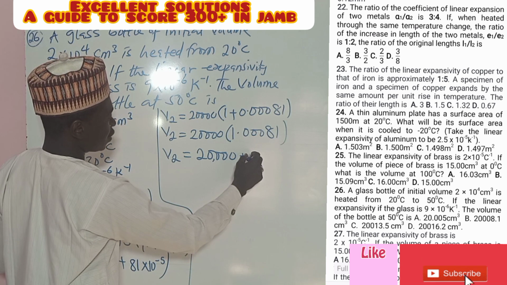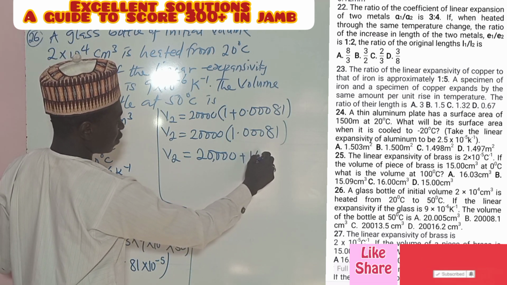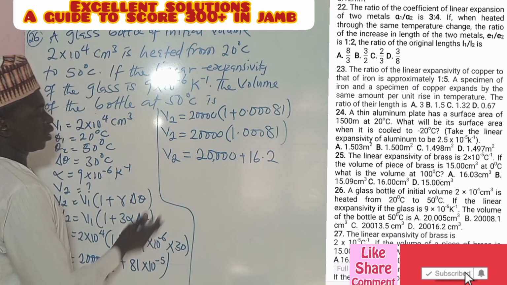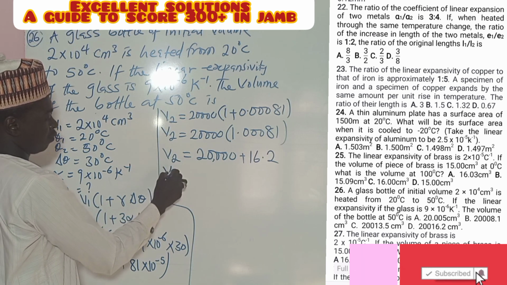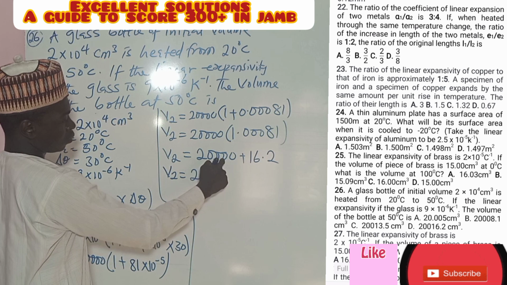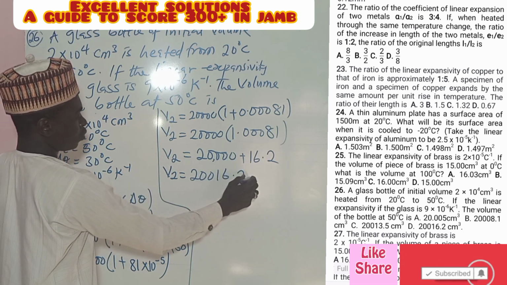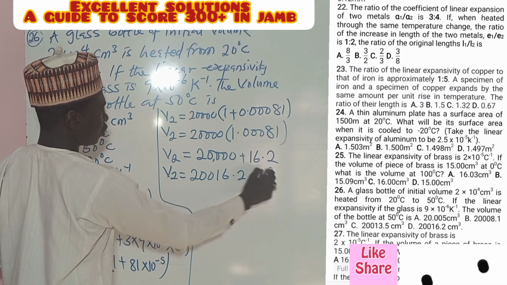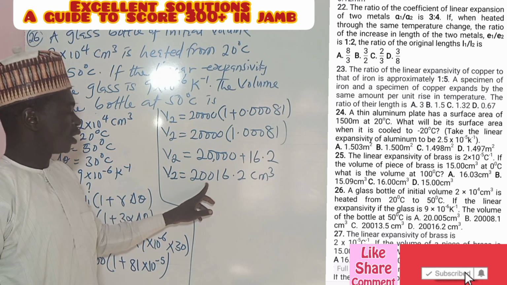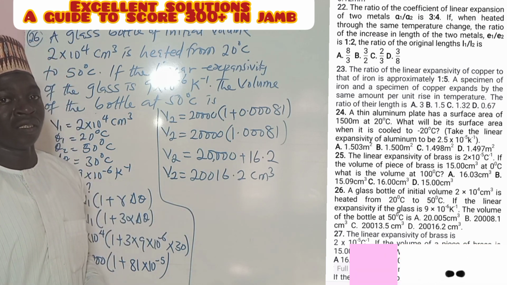So this is the same as 16.2. This is what we are going to have. When we add this, we have V2 equals 20,000 plus 16.2 centimeter cube. If we look at our options, in option D we have 20,016.2 centimeter cube. The answer is option D.